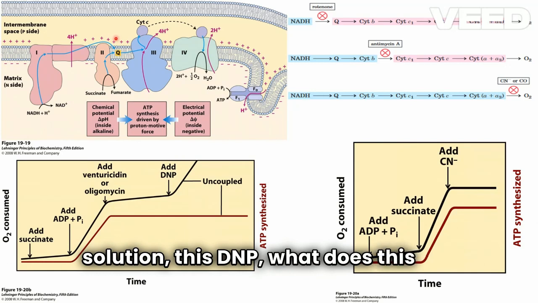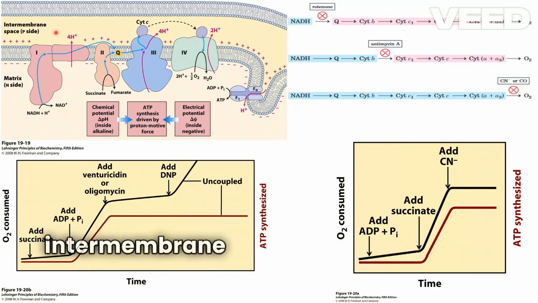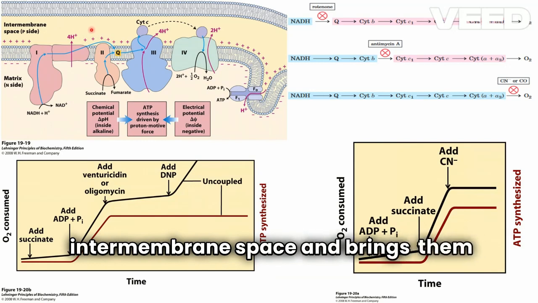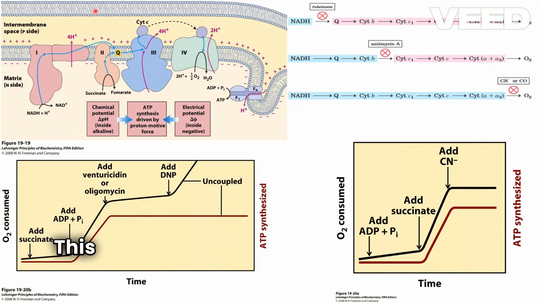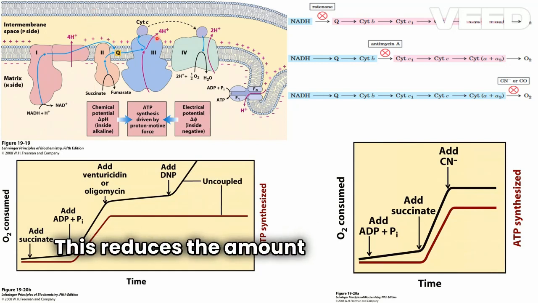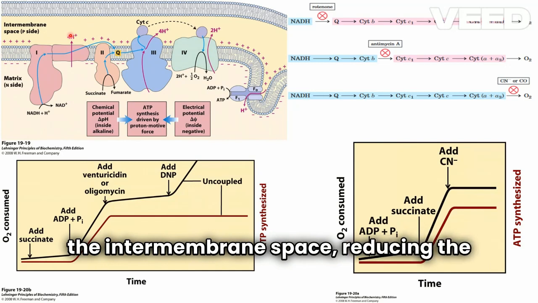This DNP binds protons from the intermembrane space and brings them directly through the membrane to the matrix. This reduces the amount of protons present in the intermembrane space, reducing the proton gradient.